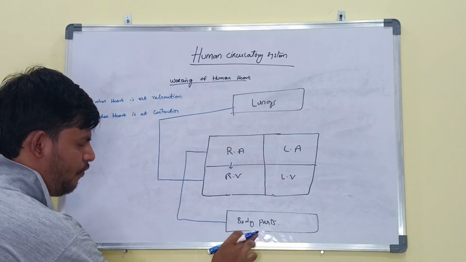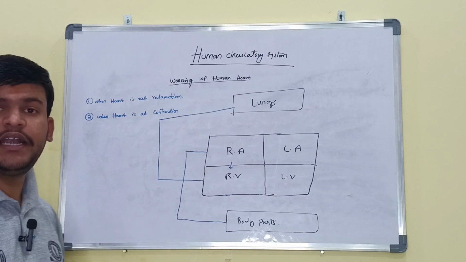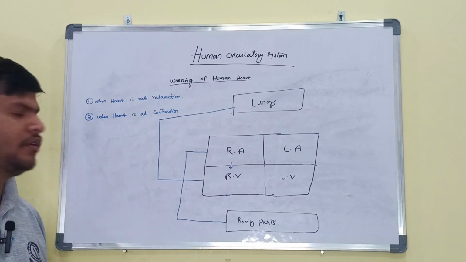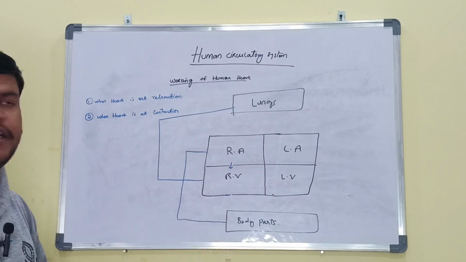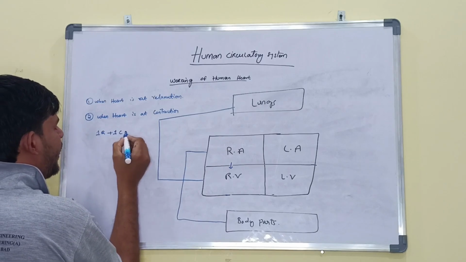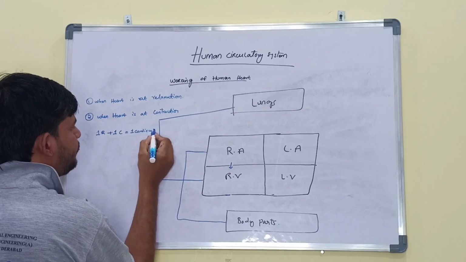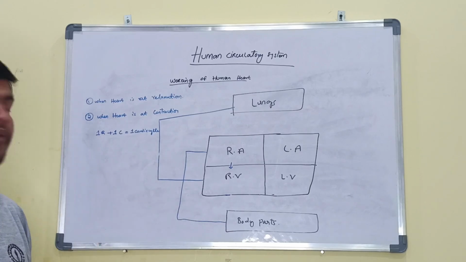Now one relaxation and one contraction, that means one cardiac cycle is completed. One relaxation plus one contraction is equal to one cardiac cycle. One cardiac cycle is completed.